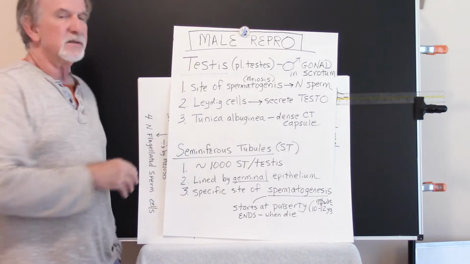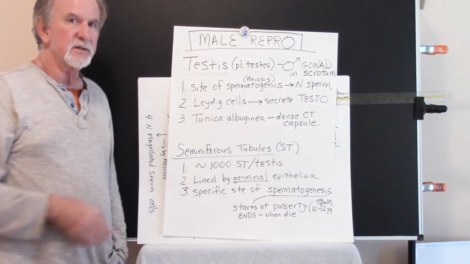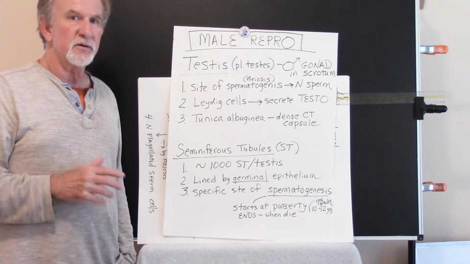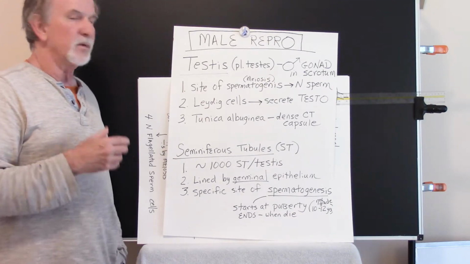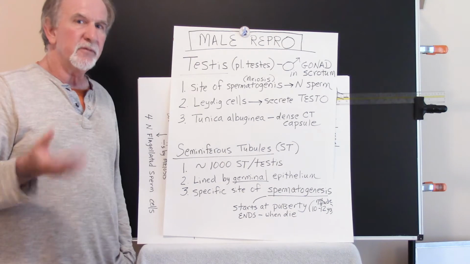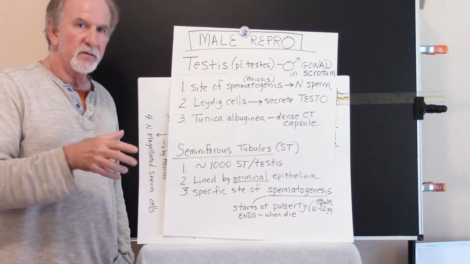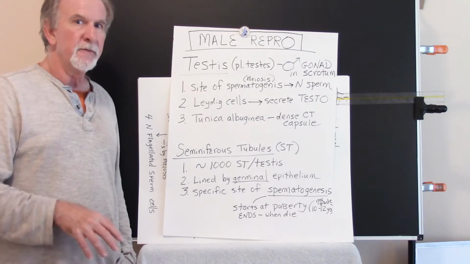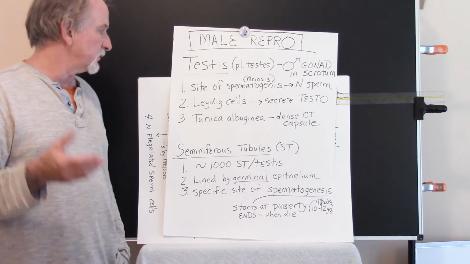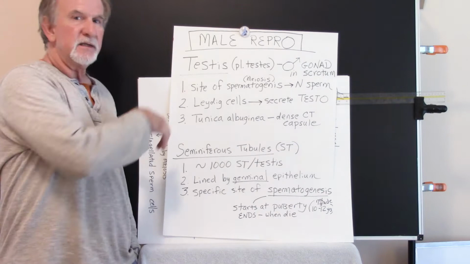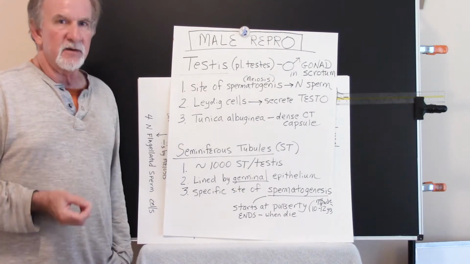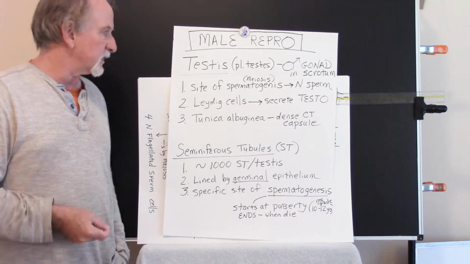So the testis is the site of spermatogenesis, which is the type of meiosis that occurs in guys and produces haploid flagellated sperm cells. Of course, these haploid cells have one member of each chromosome pair, or 23 chromosomes all total. Within the testes are cells called Leydig cells, also known as interstitial cells.